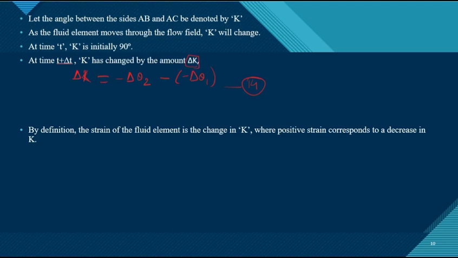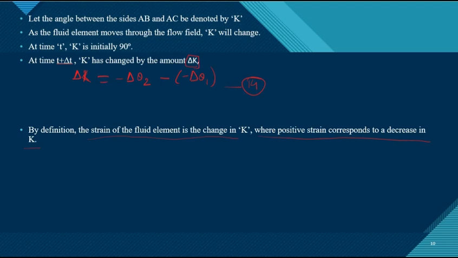Now if you carefully observe, what is this change in K? That is nothing but the strain of the fluid element. Wherever you find the strain to be positive, it corresponds to a decrease in K. That is, whenever there is a positive strain, K is decreasing.